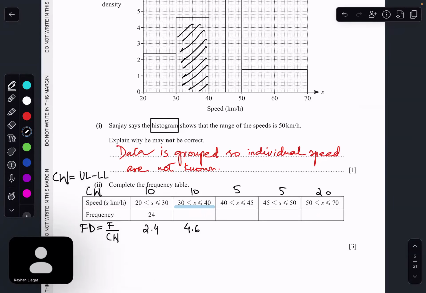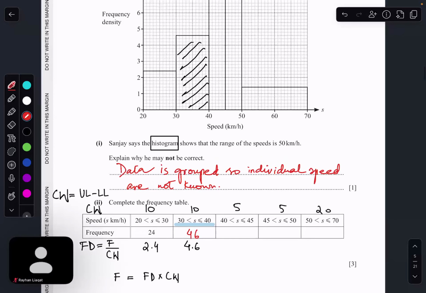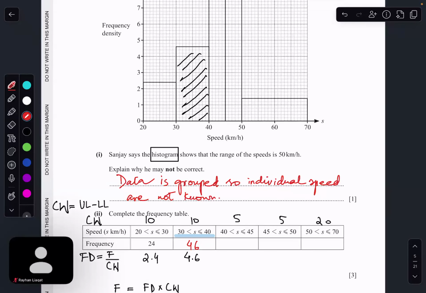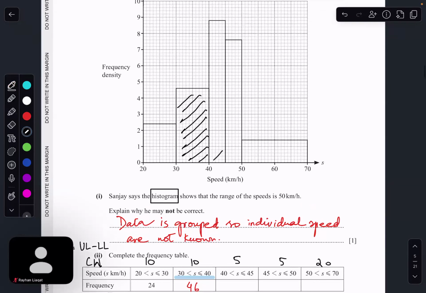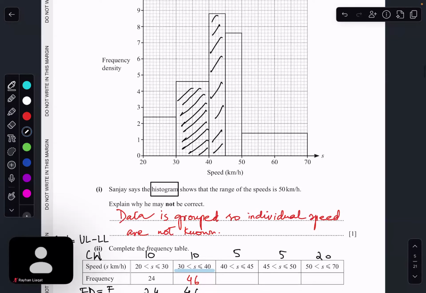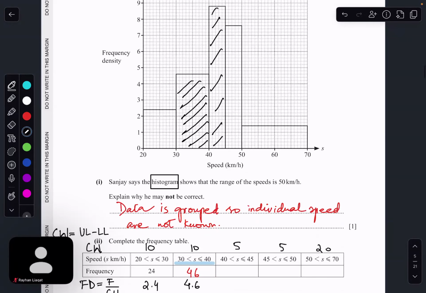You can use the same information and rearrange it to find the value of frequency. Frequency will be frequency density times the class width. So this will be 4.6 times 10, that is 46. We look at the other bar ranging from 40 to 45. Look at the height, it's 8.8. So 8.8 times 5, we have 44.